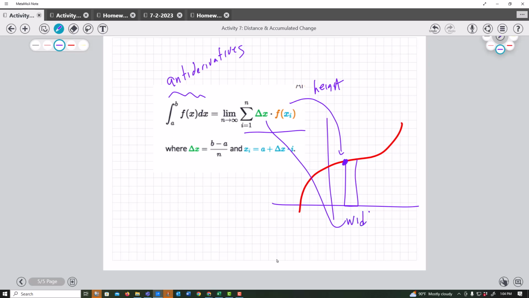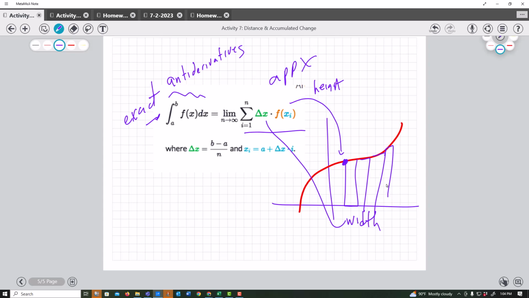Okay, so that's what that change in x is. So that's what you're doing. You're actually just finding the area of a whole bunch of rectangles, and we'll find out later that this is the exact method, where this is the approximation method.